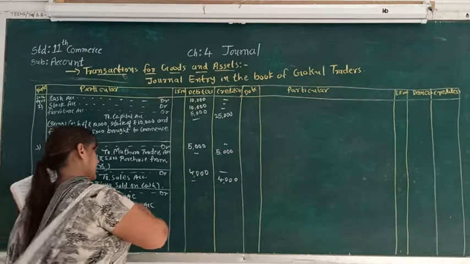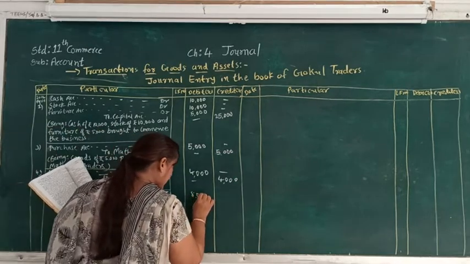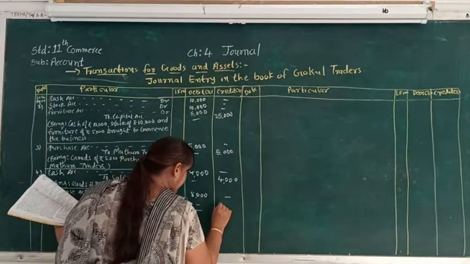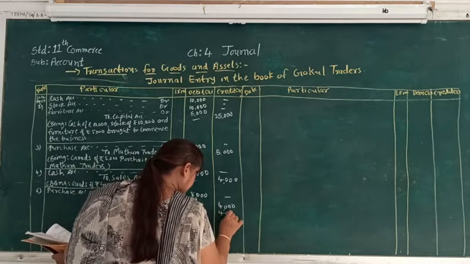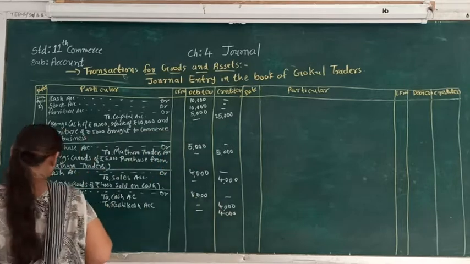Here, purchase account will be 8,000, cash will be 4,000 and Rushikesh's account will be 4,000.